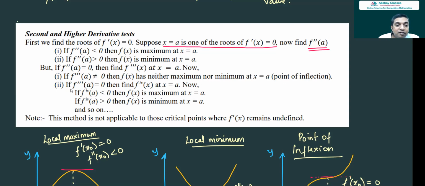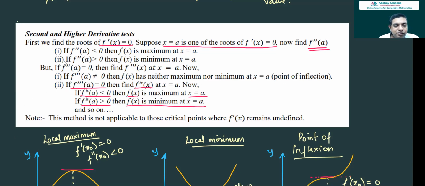But if f third derivative is 0, then third derivative is like the first derivative. If third derivative is 0, then go to fourth derivative. Now if fourth derivative is negative, then f is maximum at x equal to a. If fourth derivative is positive, then f is minimum at x equal to a.